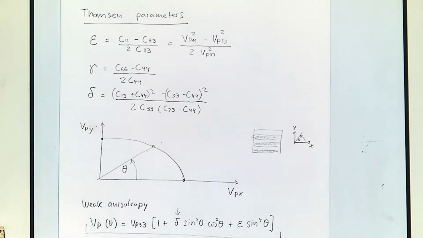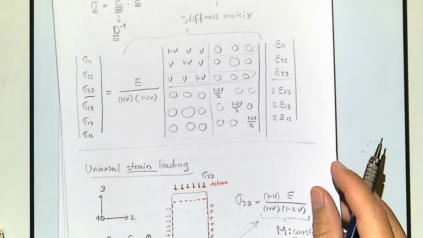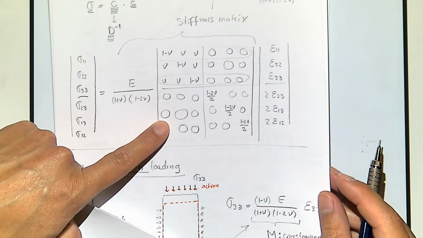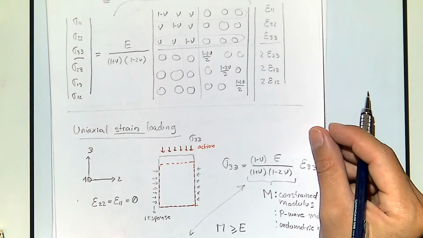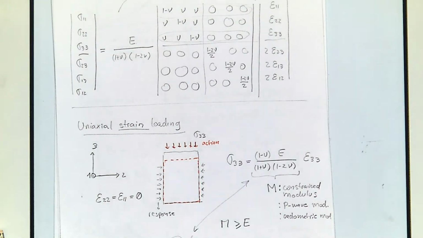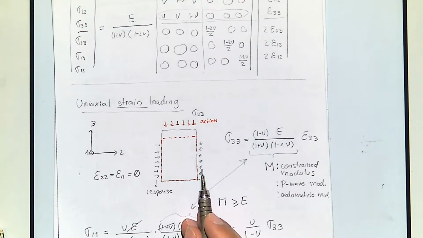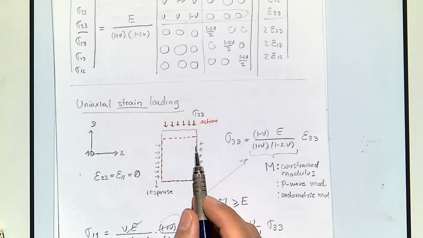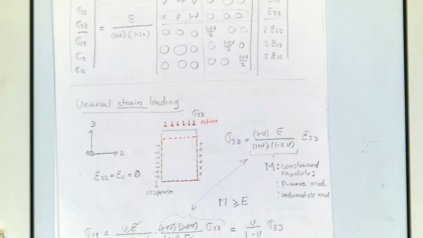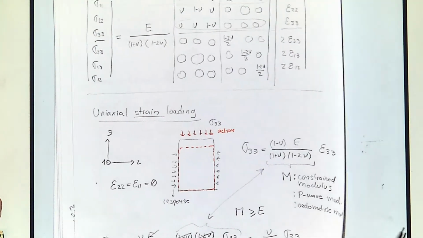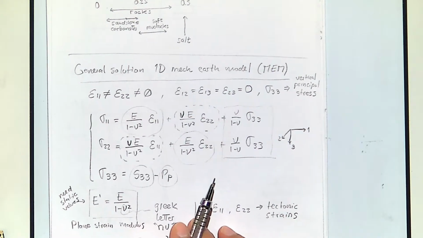All right, so what do we do now with all this anisotropic theory? Well, what we want to do is the same thing that we did for the isotropic medium, and that is having a stiffness matrix, and with that stiffness matrix, derive the state of stress for a given load or overburden and a given tectonic strain, which in this case I don't have, but this is the equation for tectonic strain.